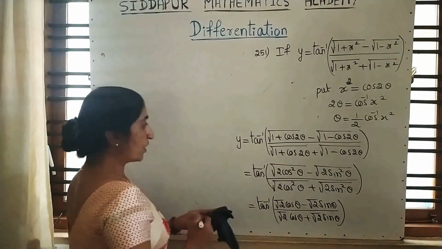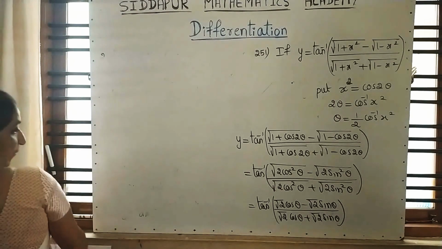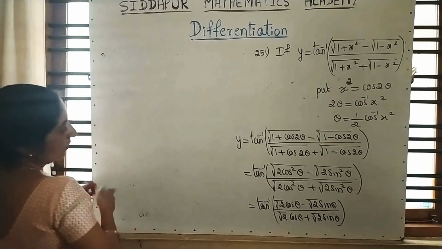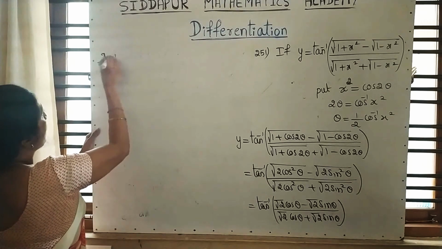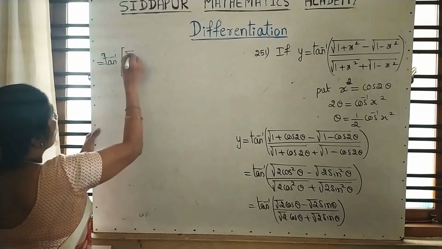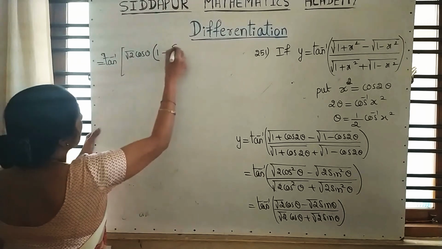First see whatever I wrote, whether you are following or what. Yes. After that I took root 2 cos theta common. Tan inverse I kept as it is. Root 2 cos theta common, in the bracket 1 minus tan theta upon 1 plus tan theta.